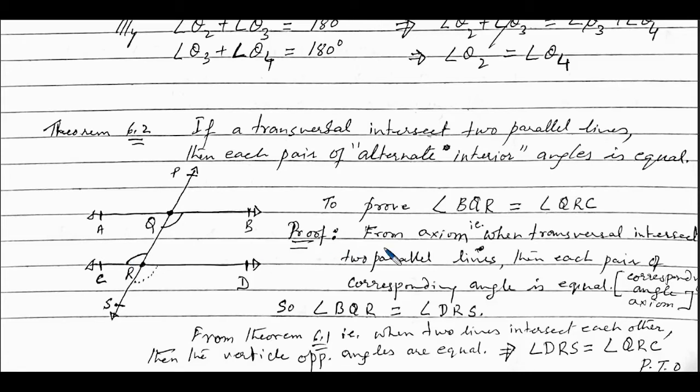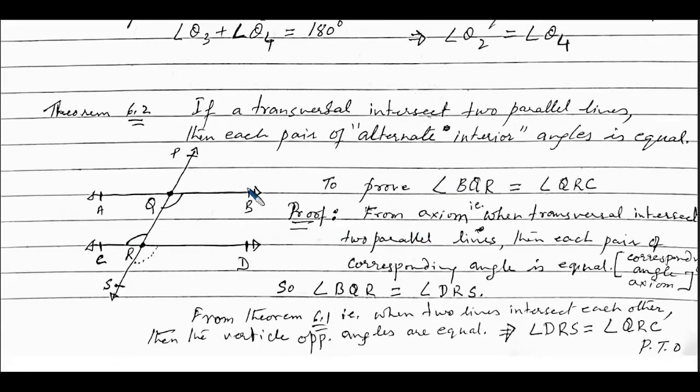Okay. So this is a proof given here. We have to prove that angle BQR and angle QRC are equal. So now we use axioms. Okay, the transversal axiom, that is when a transversal intersects two parallel lines, then each pair of corresponding angles is equal, which we have proved. Okay, the corresponding angle axiom you write is, so angle BQR is equal to angle DRS.